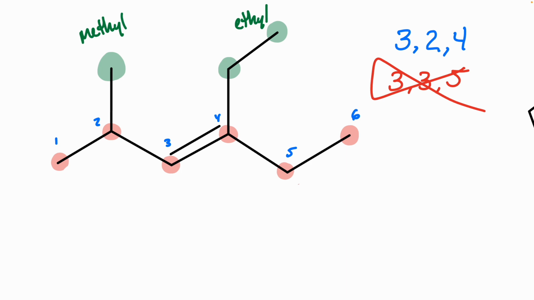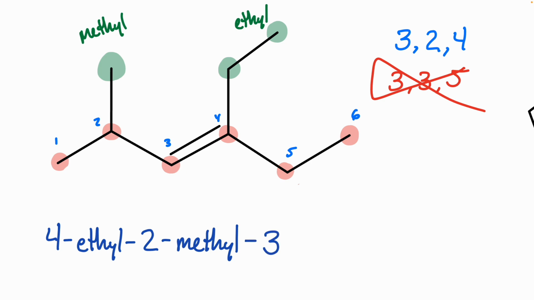When I put these together, my ethyl and my methyl, which one's going to come first in my name? Ethyl. So now when we assemble, we always assemble in alphabetical order. 3 ethyl, 2 methyl, 4 ethyl, 2 methyl.